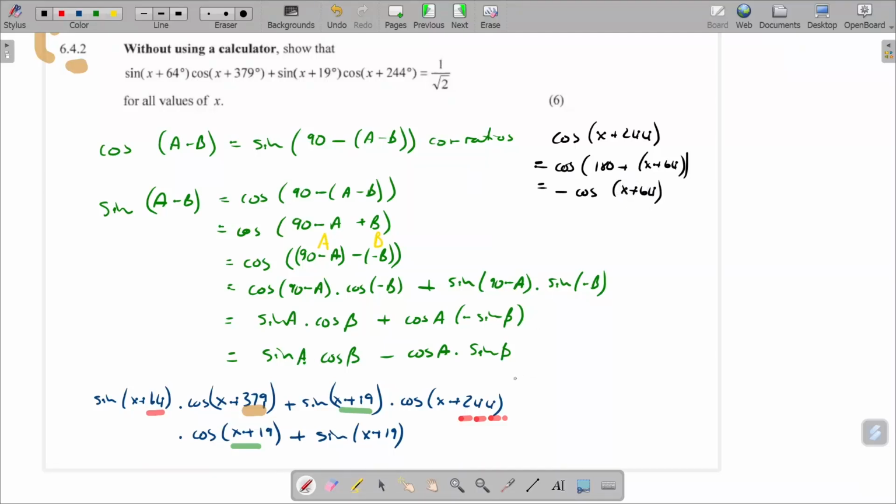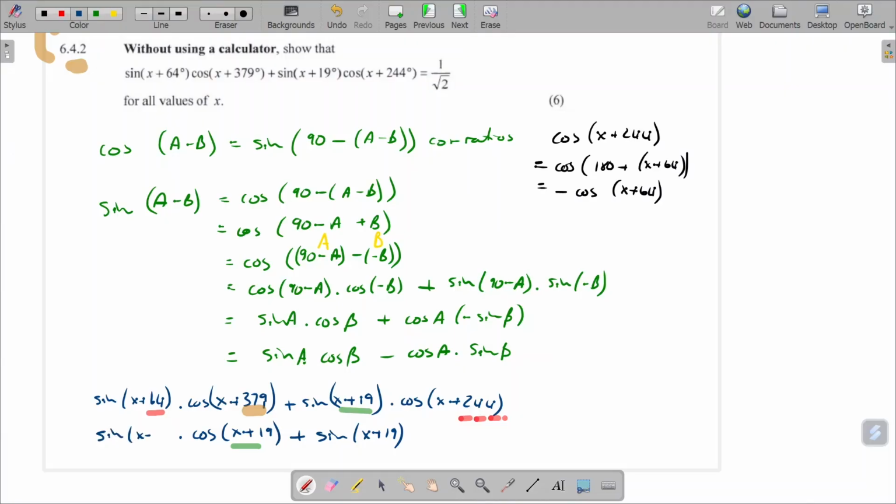Not only am I happy because I've got the answer of negative, but I'm happy because x plus 244 has become x plus 64, the same as my left-hand term. So sine of x plus 64, and I've got a cos of x plus 64.